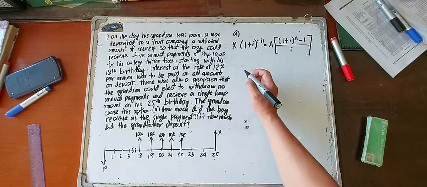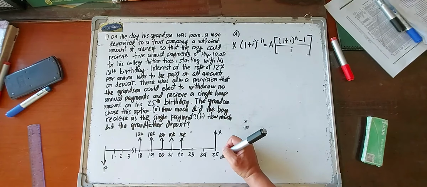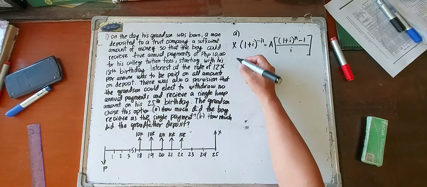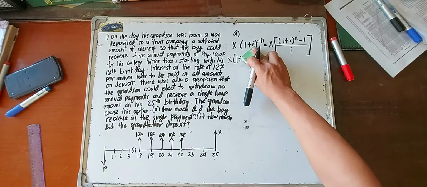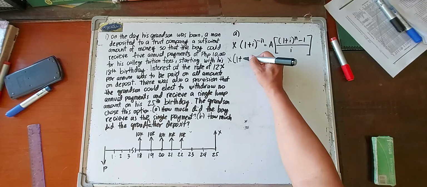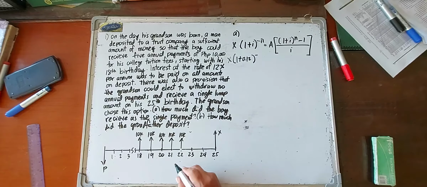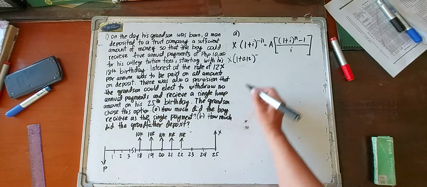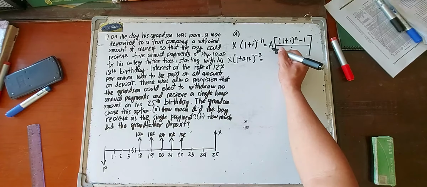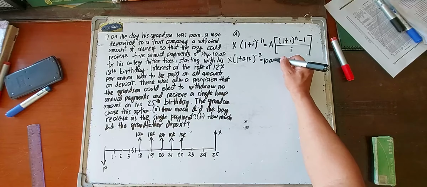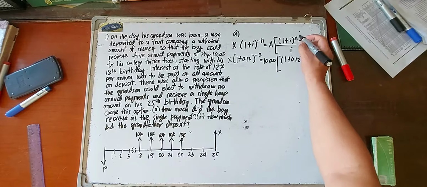Then we are solving for x, and x is the lump sum payment on the 25th year. So we have x times (1 plus our rate of interest, 12% in decimal form), so 0.12. From the 25th to the 22nd, that is negative 3, and n is negative 3 in that case. And then A here is 10,000 times (1 plus 0.12) to the n. Magkaiba yung n nito.